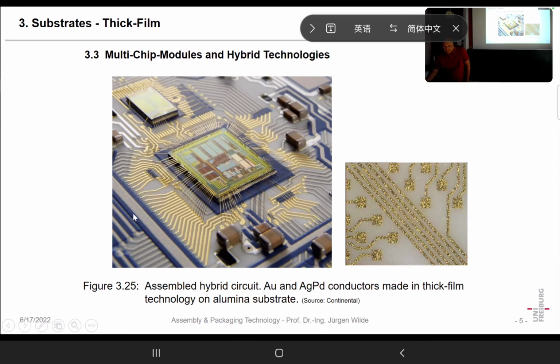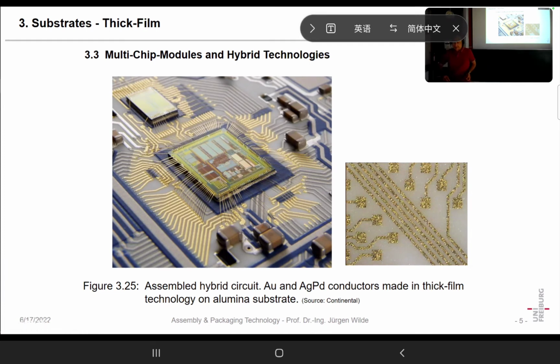And in order to have high reliability, here we have gold conductors, gold wires. And we can also see that the pitch of these interconnections is very small. It's of course bigger than, let's say, the diameter of these bonding wires, but it is still, let's say, near the pitch that can be accomplished on the chip itself.